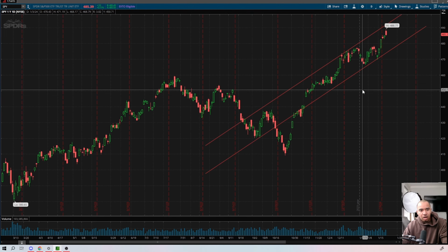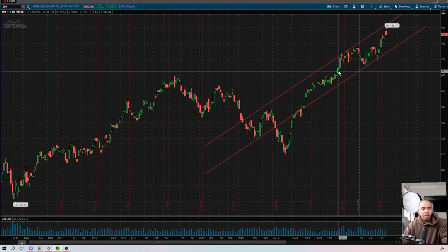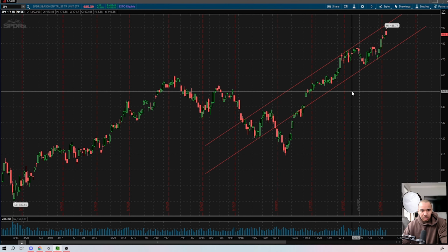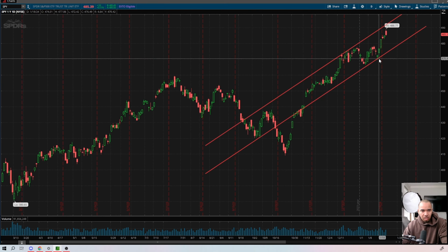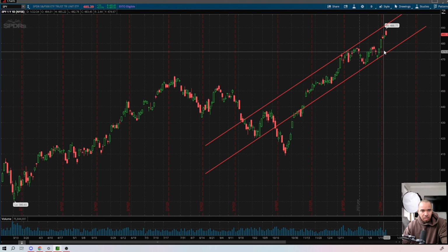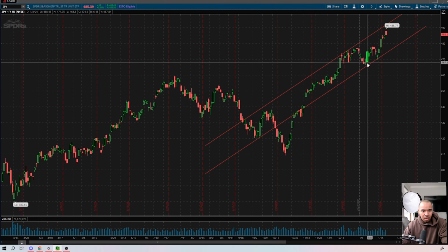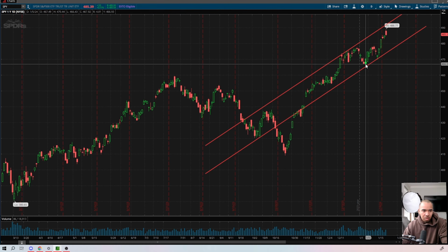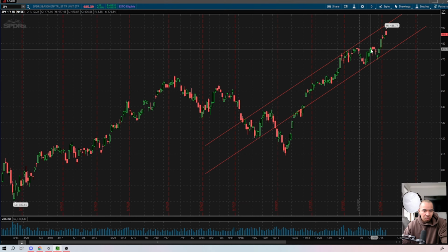We currently are on an uptrend with SPY. All right, so you never want to go against the trend. And the reason I draw these channels here is because these are highly respected levels. So as you guys can see here, we bounce, we move back up. Here, we could actually draw this a little closer, but we get close to the channel and we bounce back up.